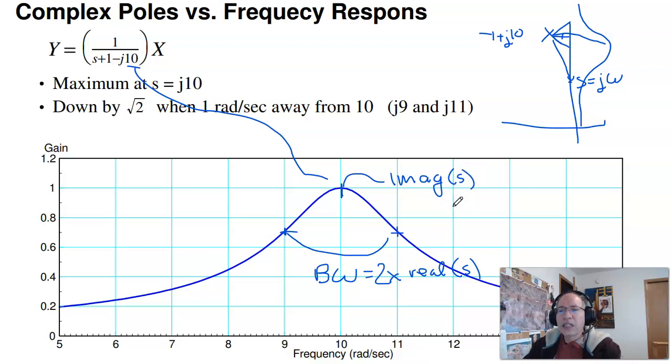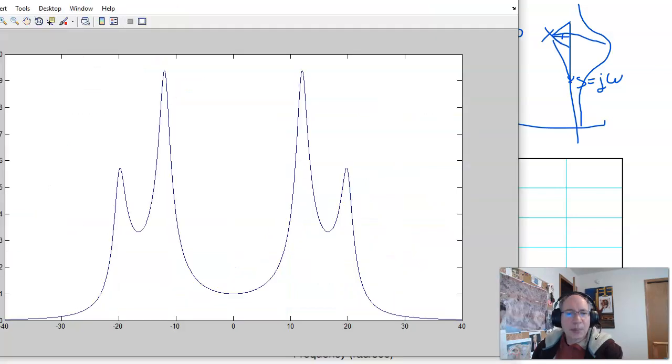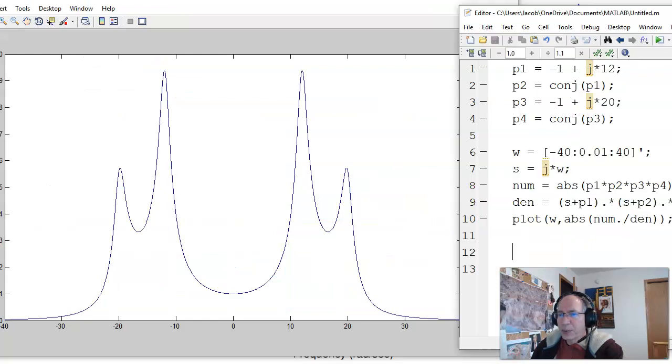So that lets you design filters. If I want to pass certain frequencies, the imaginary part tells you what frequency you want to pass. The real part tells you what the bandwidth is. And you can see that in MATLAB. So for example, here I've got poles at minus 1 plus j12 and minus 1 plus j20.